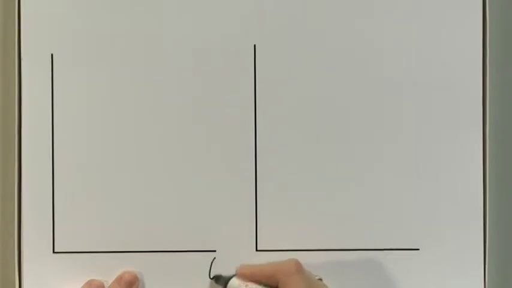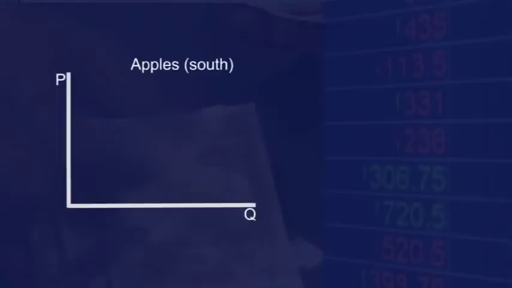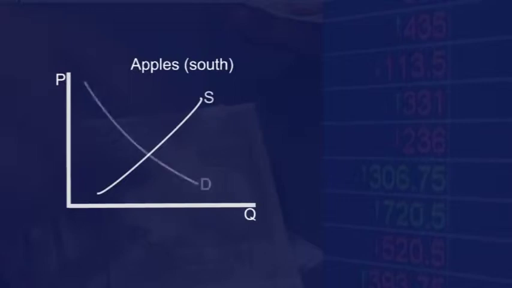Let's see what the supply and demand of apples is in the south and in the north of the country. So if this is quantity and this is price, this is your supply curve and this is your demand curve for apples. So this is your equilibrium quantity of apples and this is your equilibrium price of apples.